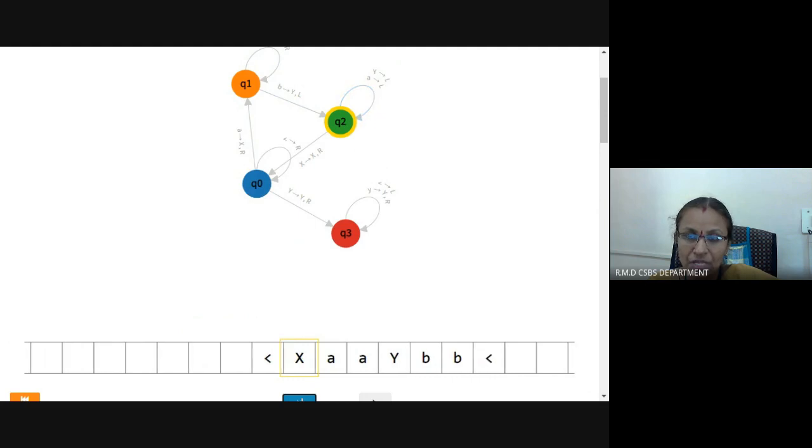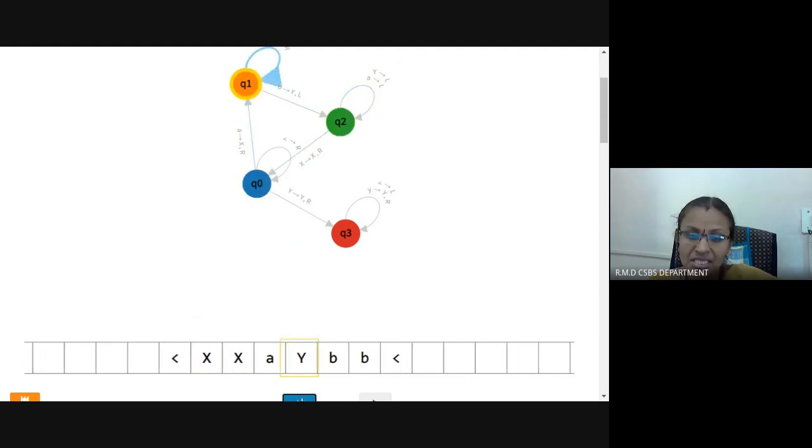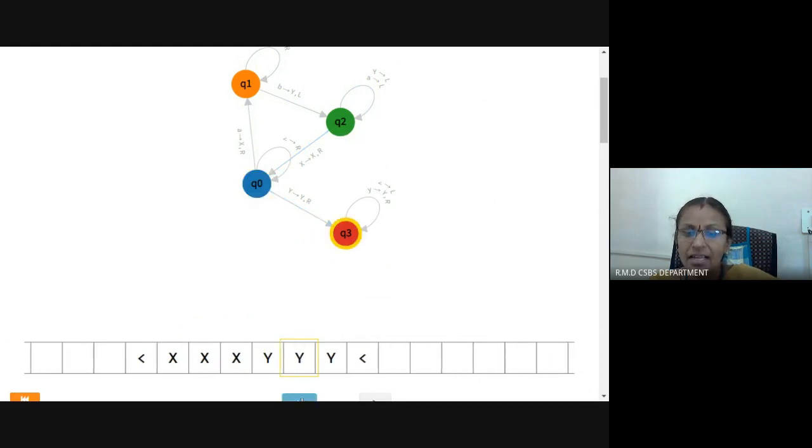In q2 it just moves left, and in q0 it moves on, changing a to X, and Y is just skipped, staying in the same state. When it is b, it changes to Y and moves left, q2 comes over here, changing to q0, and it goes on. Finally it goes to q3, and it stops there.